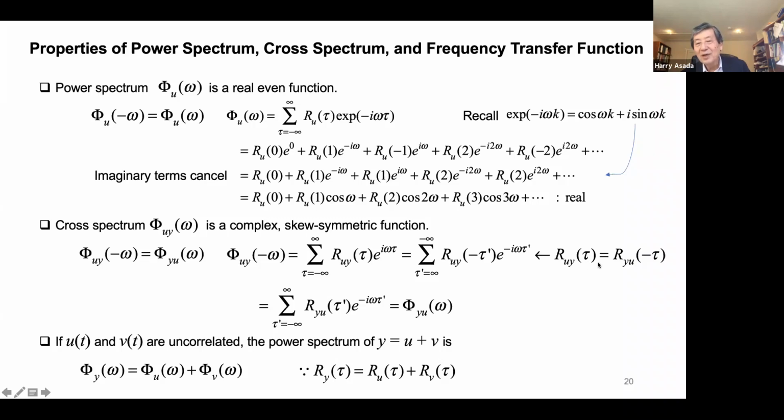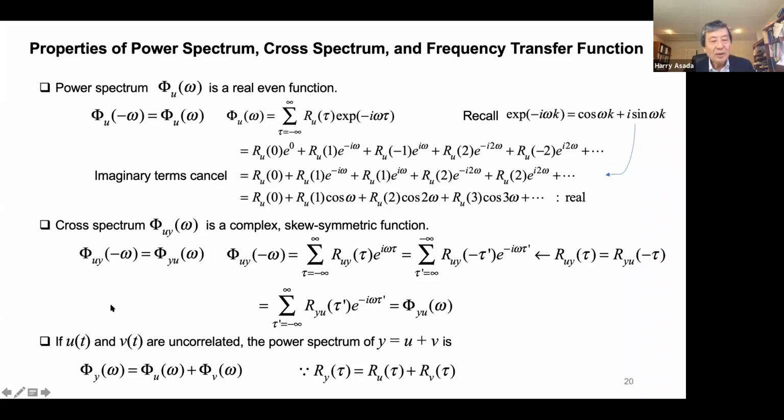If you swap u and y, you have to swap this to minus tau. So that's the same thing, and this is a basic rule. Applying this, this is now replaced by yu, I swap, and it remains the same. This is the cross spectrum of output to input, the yu, since I swapped these two. So this is proven.